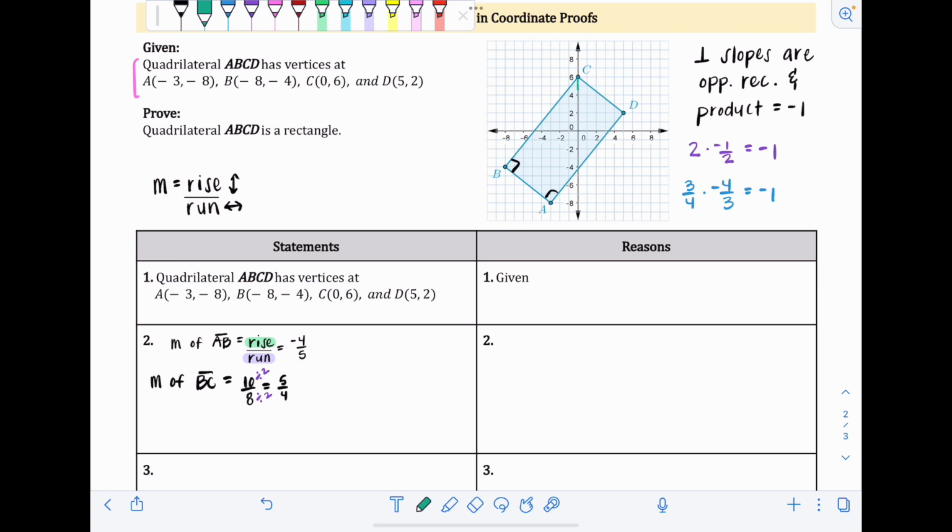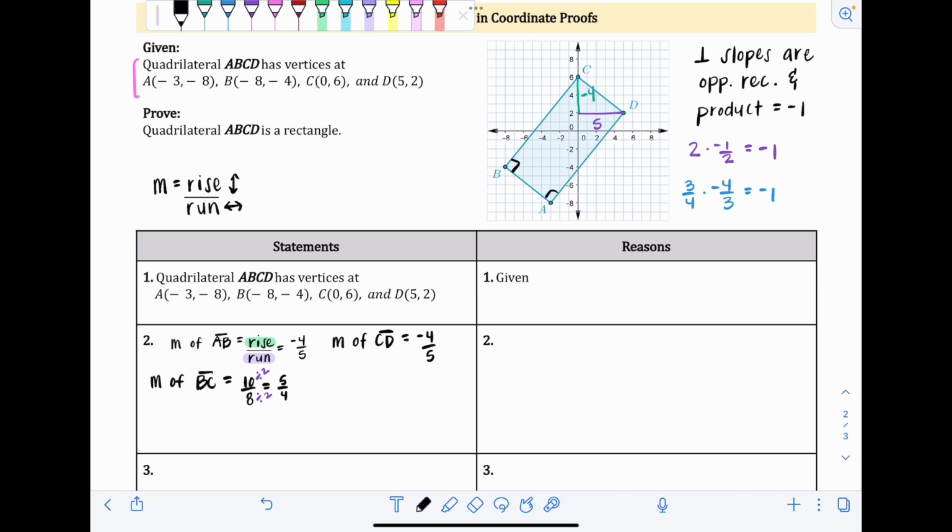So I'm going down 1, 2, 3, 4. So that'd be a -4. And then I'm going over 1, 2, 3, 4, 5 to the right. So my rise would be -4, my run would be 5. So the slope of segment CD is equal to rise, which is -4, over run, which was +5.